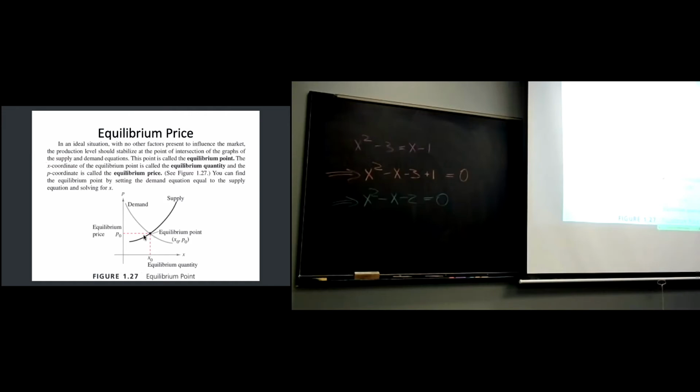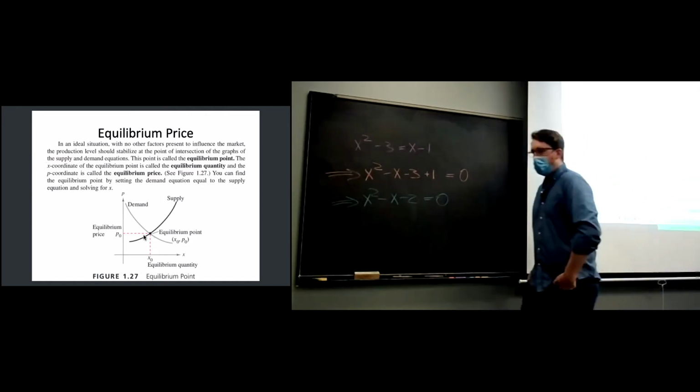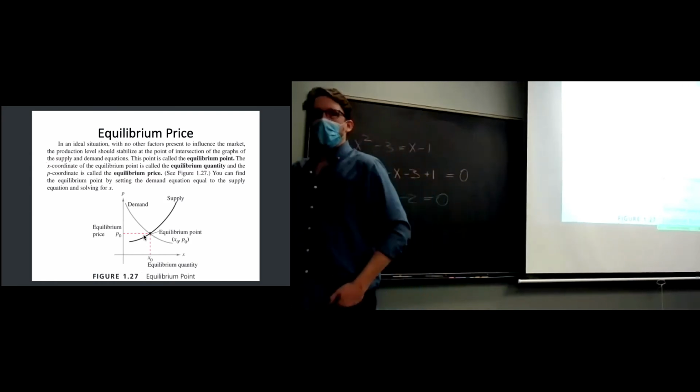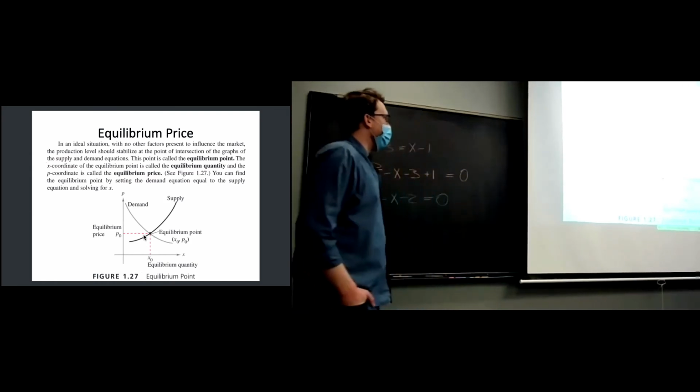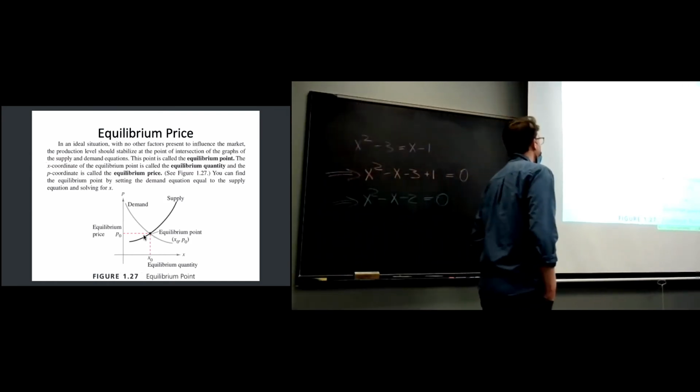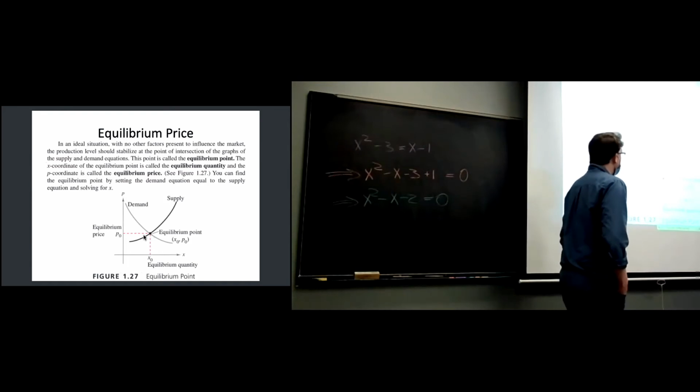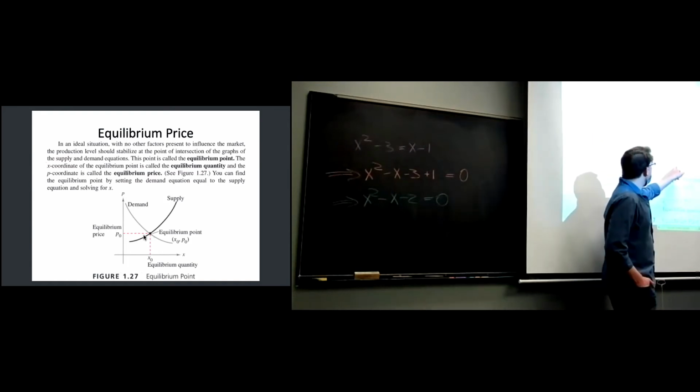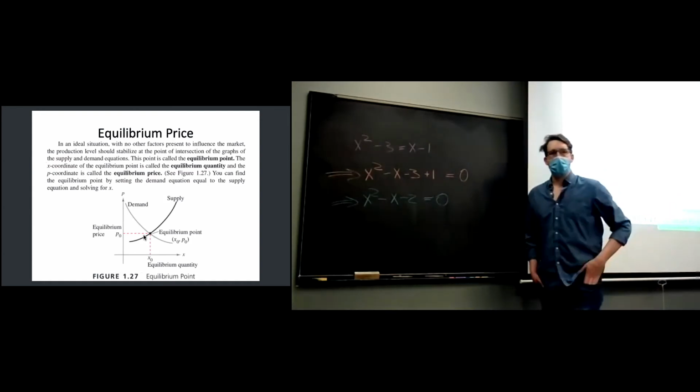So again, in the physical world, where does this exist? This exists within the business world. What's your equilibrium price? Or your equilibrium point, however you want to put it. It's the spot where your demand and your supply function intersect each other.